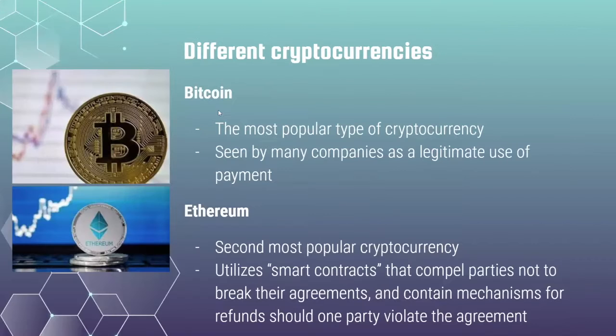Sorry about that. Different types of cryptocurrencies. So the first one, the most popular one would be Bitcoin. It's seen by many companies as a legitimate use of payment. The second most popular cryptocurrency would be Ethereum. It utilizes smart contracts that compel parties not to break their agreements and contain mechanisms for refunds should one party violate the agreement.